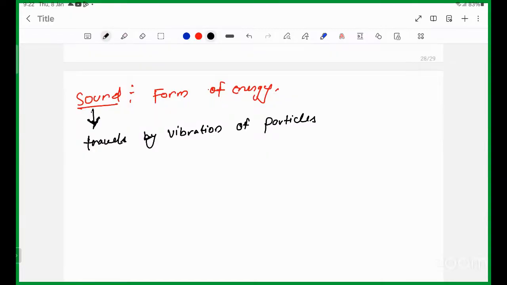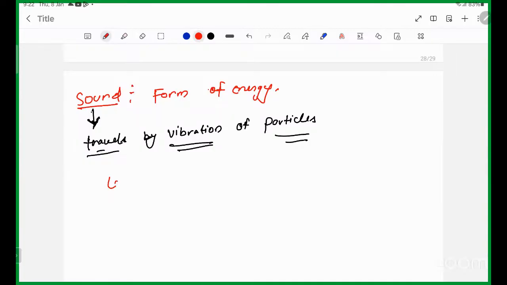There are two types of vibration. In vibration of particles, the wave travels with a waveform.